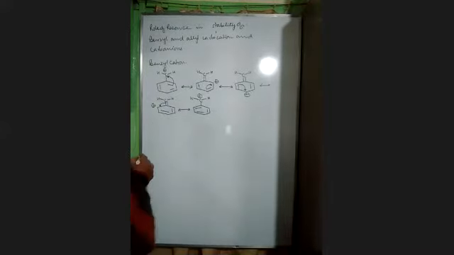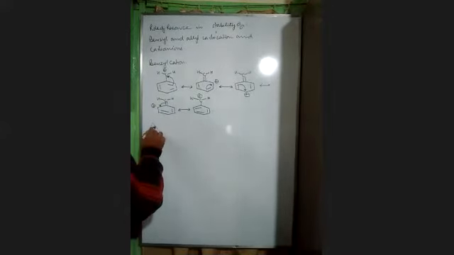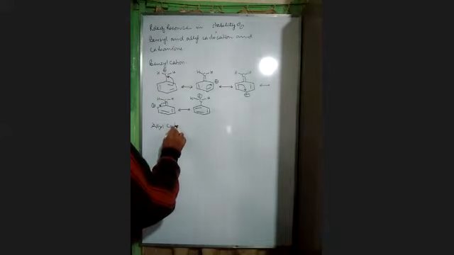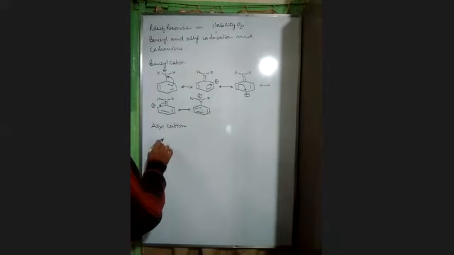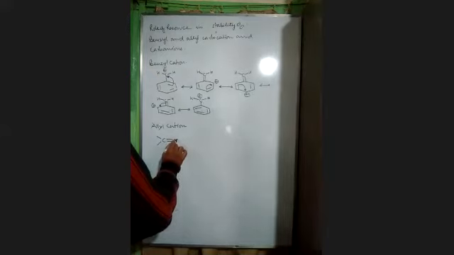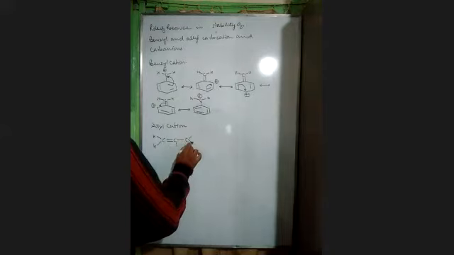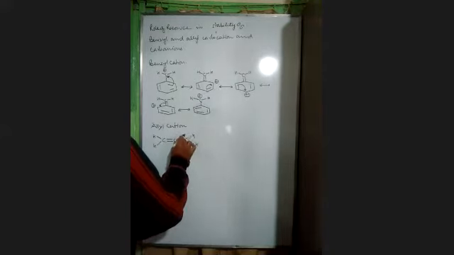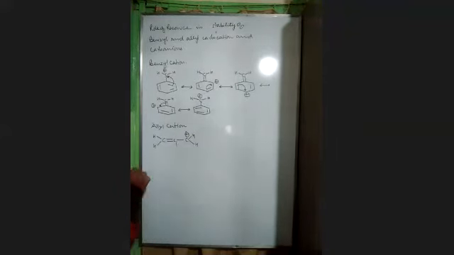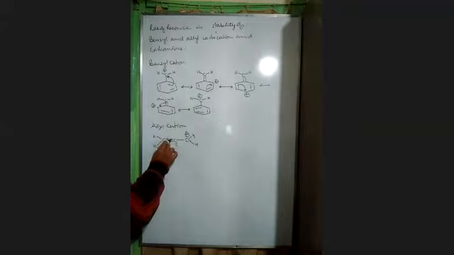Then comes allyl. See here, this is allyl cation. What happens? One electron is here, one electron is here.